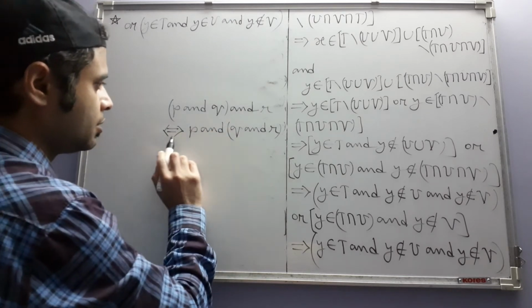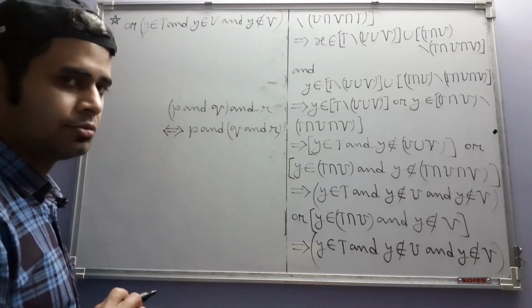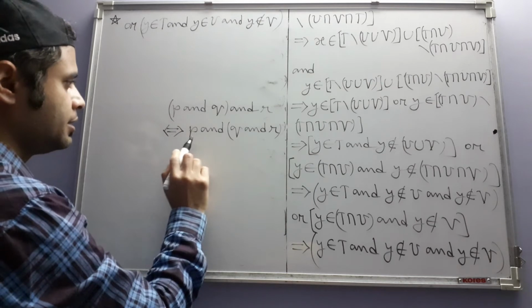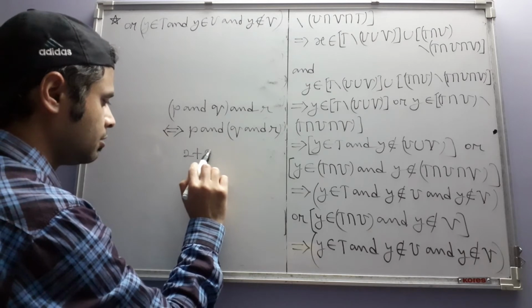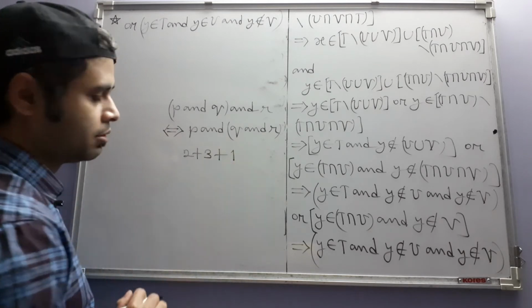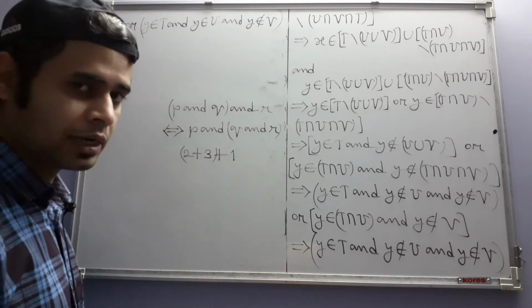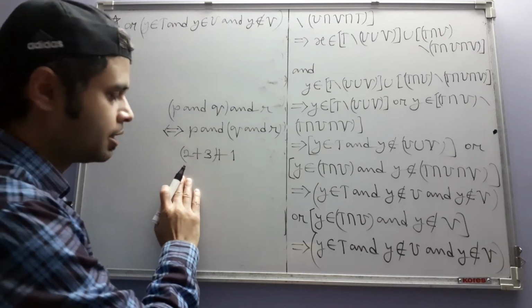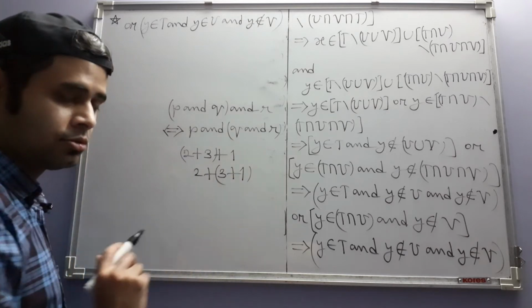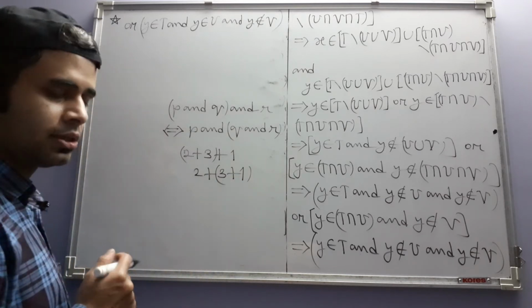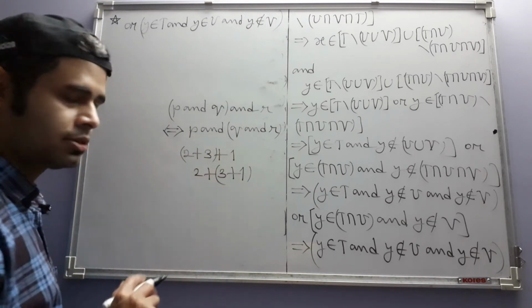Disjunction is or. So conjunction is associative, and that's why there is no need to put things in a bracket. It's like when you write 2 plus 3 plus say 1. It does not matter whether you add 2 and 3 first and then add 1 to the result, or you add 3 and 1 first and then add 2 to that result. You are going to get the same thing, you are going to get 6. So this is associativity of addition. Like that, conjunction is also associative.